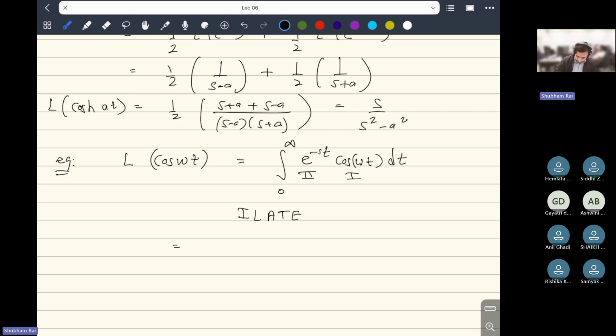So if you solve this, let me just do it for you. Cos omega t will remain as it is, and then e to the power minus st, integration 0 to infinity. I think this will be reversed. Just wait.